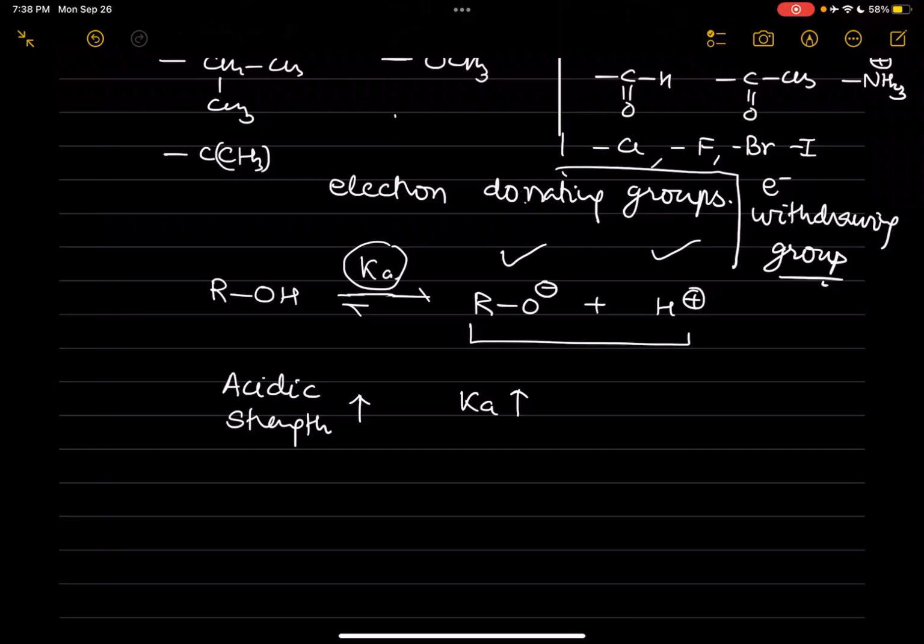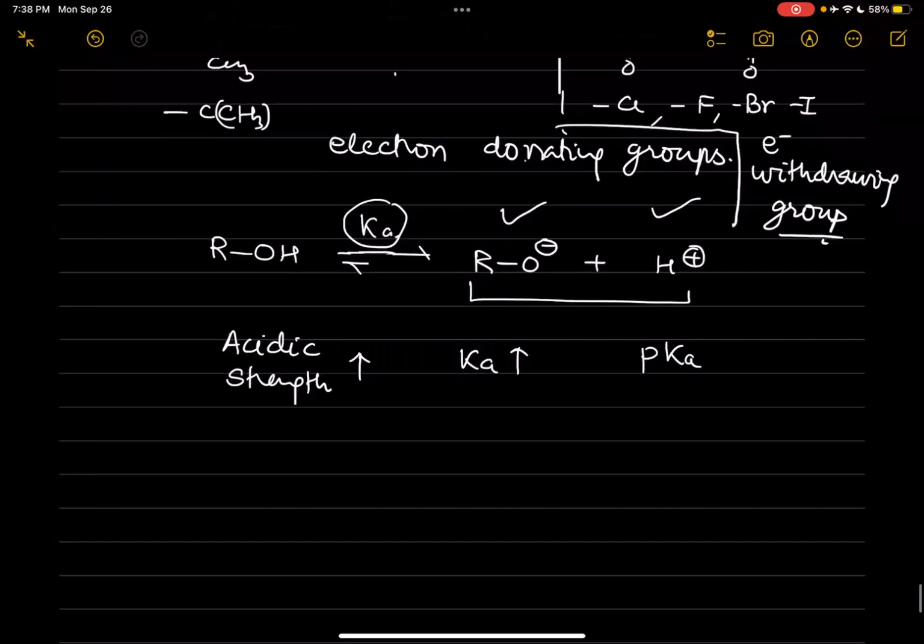And what is the pKa value? Can you tell me, Arshin, Imad, Ryan? What do you mean by pK? Actually, you measure the Ka value. Ka is the equilibrium constant. The greater the extent of dissociation, the more acidic the alcohol, and the higher the Ka.